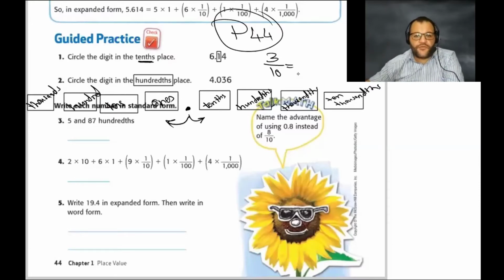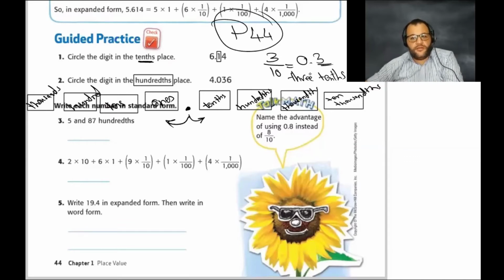When I say 3/10, how can I write this number? 3/10 is 0.3. Can you read this number? 3/10. So 3 here is in which place? The first number is 3.